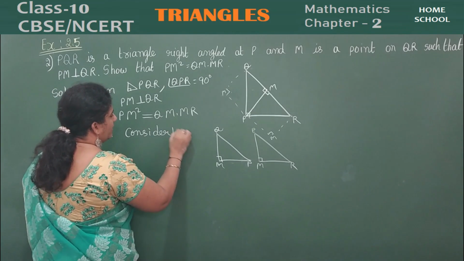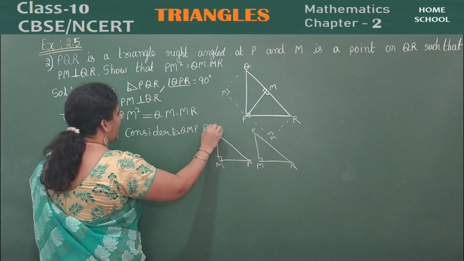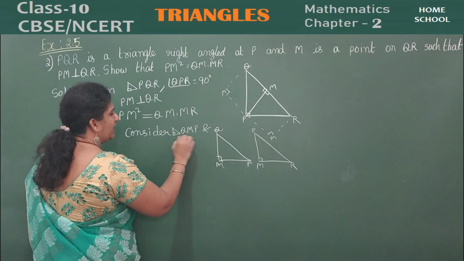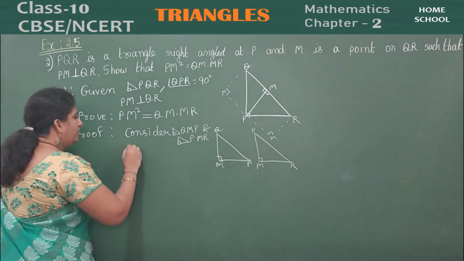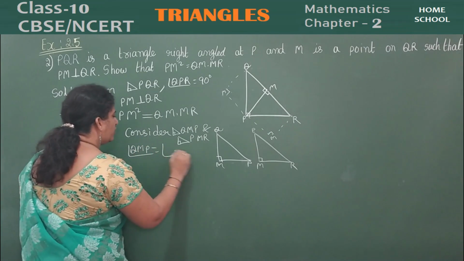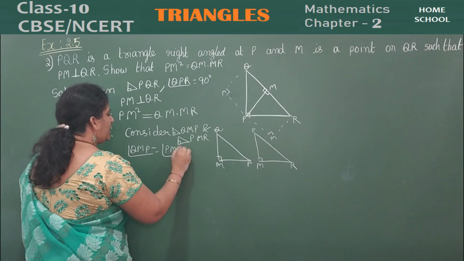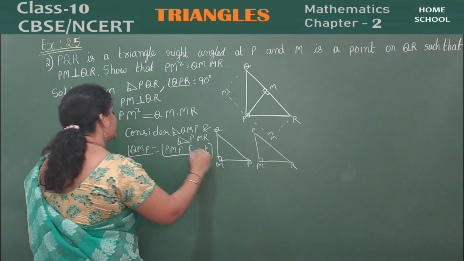Consider right triangle QMP and one more right triangle PMR. So now angle QMP is equal to angle PMR. How do you say, children? By construction.